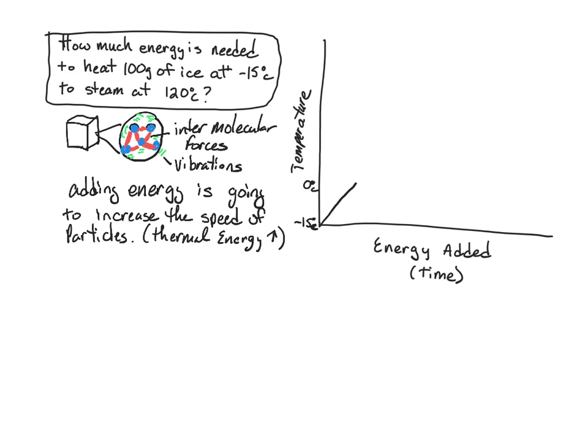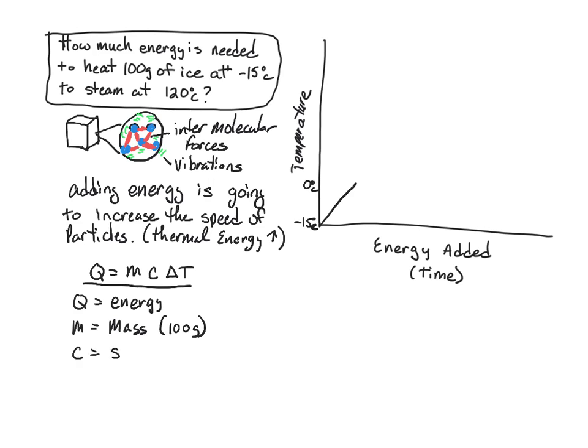Now to calculate this, I'm going to be using Q equals mc delta T. Q equals the energy. M will be the mass, and in this case, the mass is going to be 100 grams. C equals the specific heat of water, which will be given to you in a question.